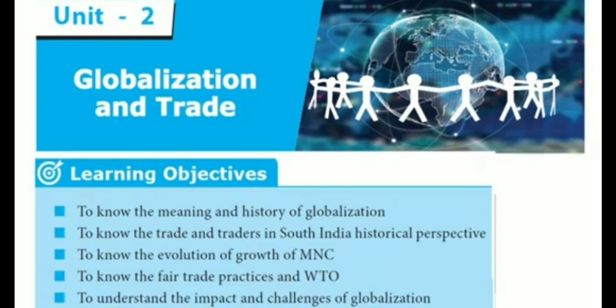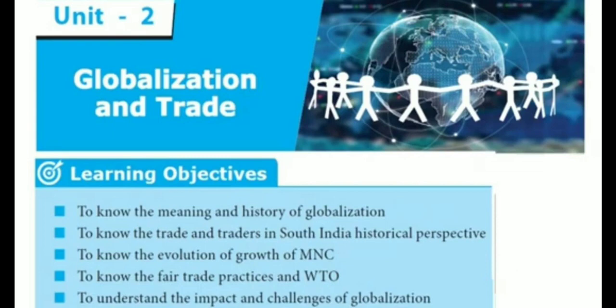Are you clear? What is globalization? It is the connection of different parts of the world, resulting in the expansion of international cultural, economic and political activities. Okay. Or globalization is the process of integrating various economies of the world without creating any barriers in the free flow of goods and services, technology, capital and even labor or human capital.